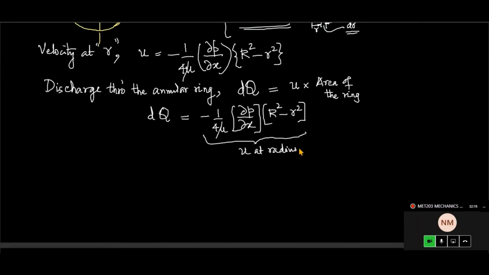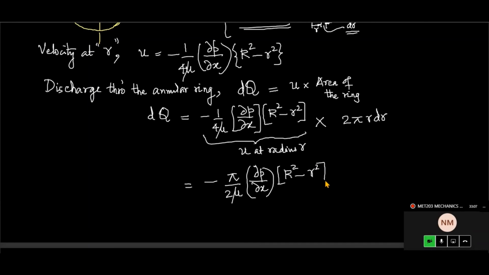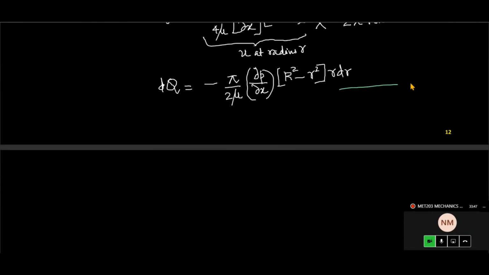Then multiplied by the area of the annular ring, the approximated one, 2 pi r dr. Writing minus pi in front, we get pi by 2 mu, into dou p by dou x, into R square minus small r square, into, outside the bracket, simply r dr. So this is the expression for dq, equation number 8.